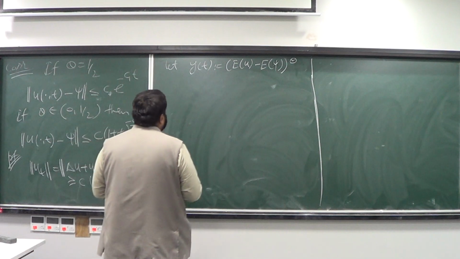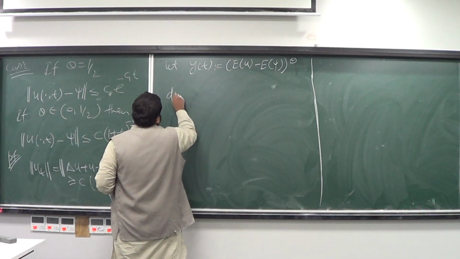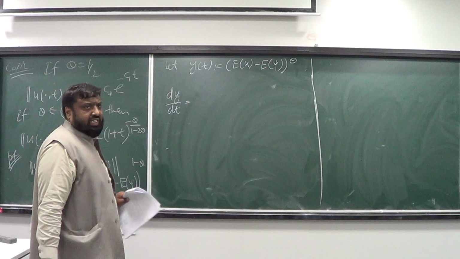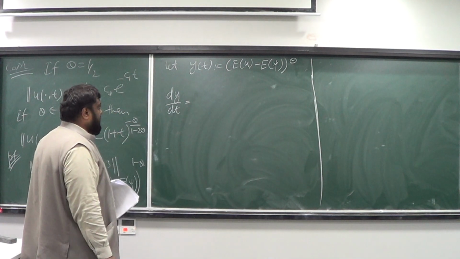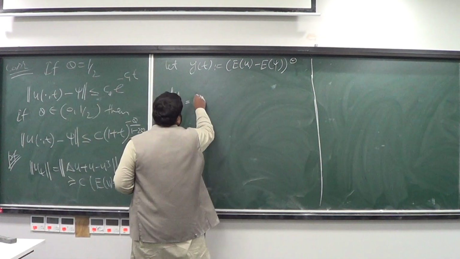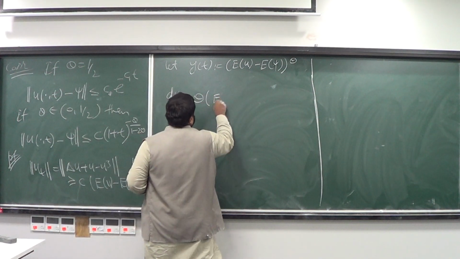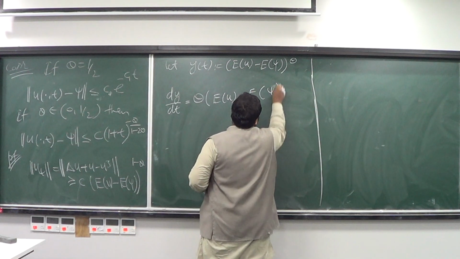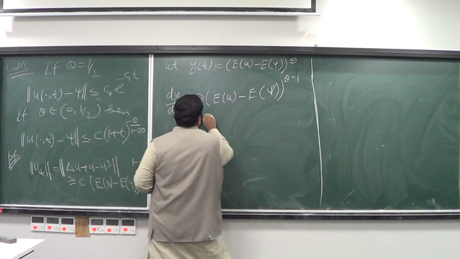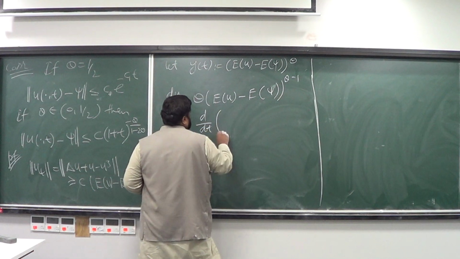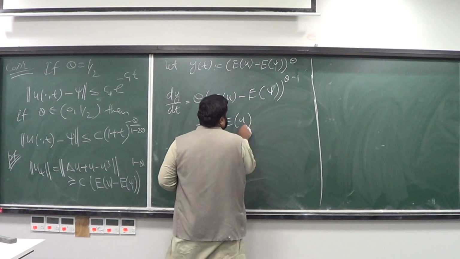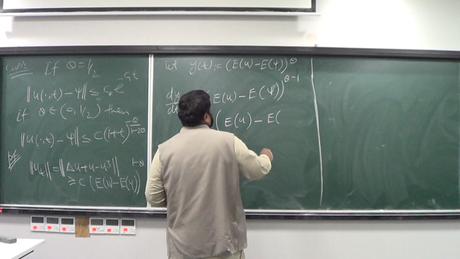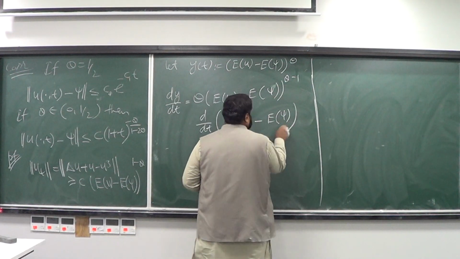Now let's compute dy by dt. We have already computed this derivative in our last discussion, so let's do it quickly again. This is going to be theta times E of u minus E of psi to the power theta minus 1, times the derivative with respect to t of E of u minus E of psi.